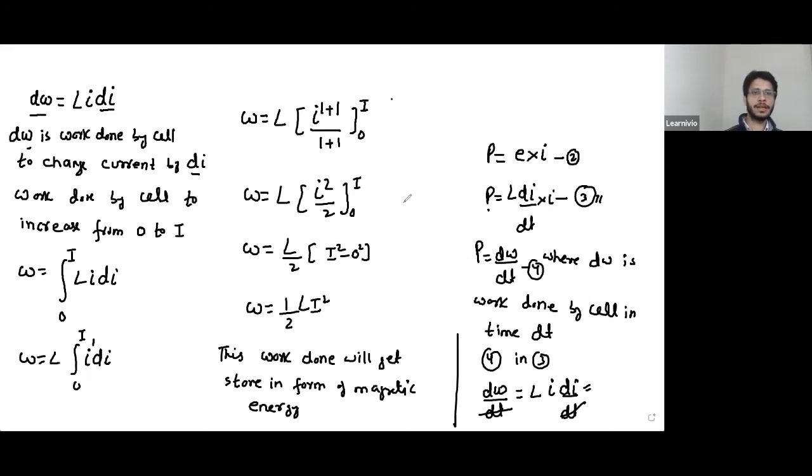So you can say the energy stored in the inductor U is half L I square. So is it clear? This is the energy stored in the inductor.